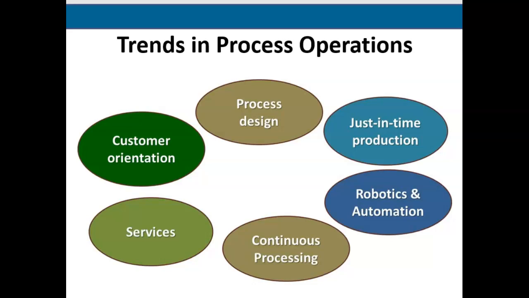Number 3, robotics and automation. Many production processes are automated, obviously. This results in reduced direct labor costs. Machine learning can lead to process improvements that reduce costs and increase efficiency.